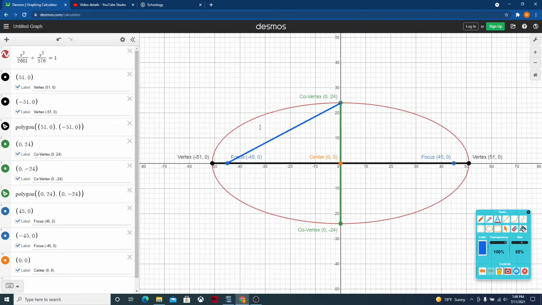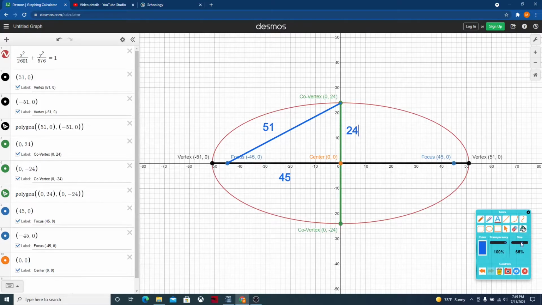And then 51 squared, we take the square root of that, and we get 51. So let's label that. Here we are. That's 51. And then the horizontal leg is a length of 45, and the vertical leg is a length of 24.